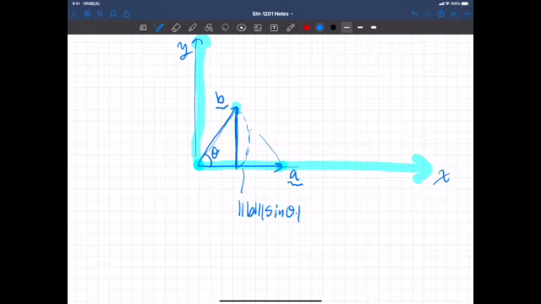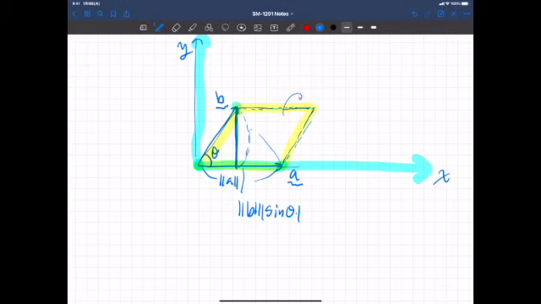But anyway, since this height is this, if we want to calculate the area of this parallelogram, the length of this base here is A modulus.